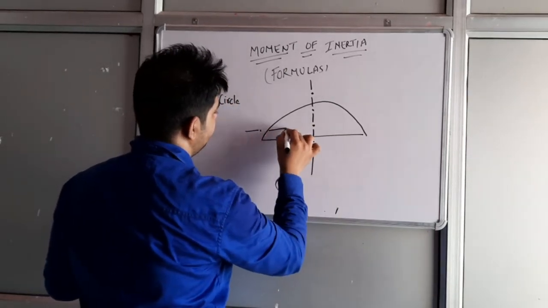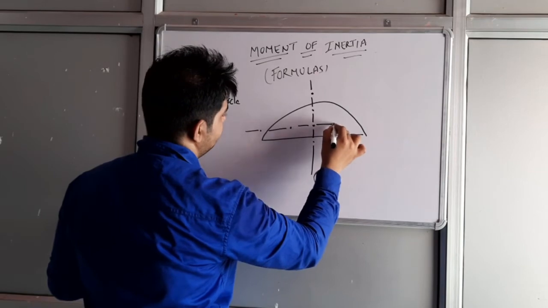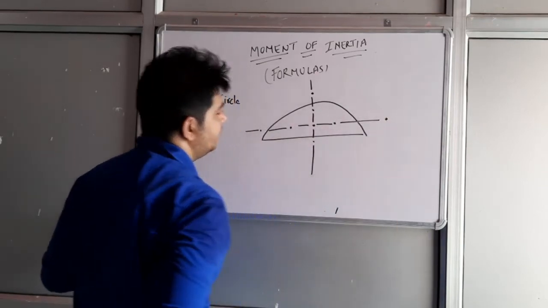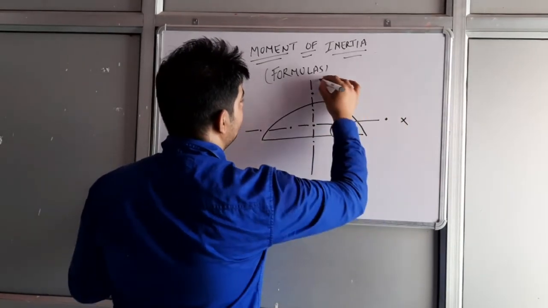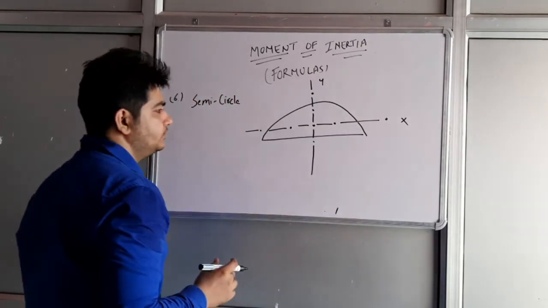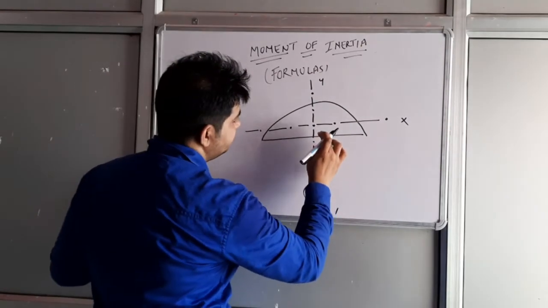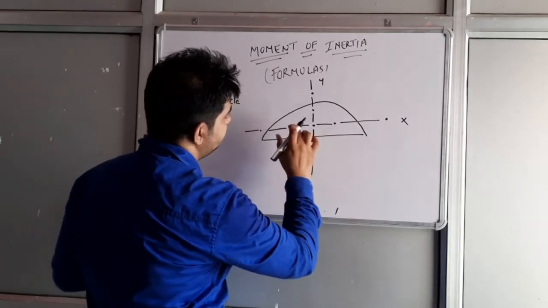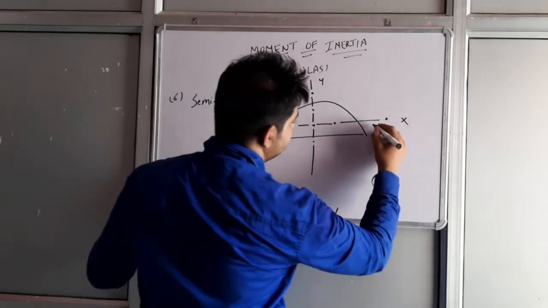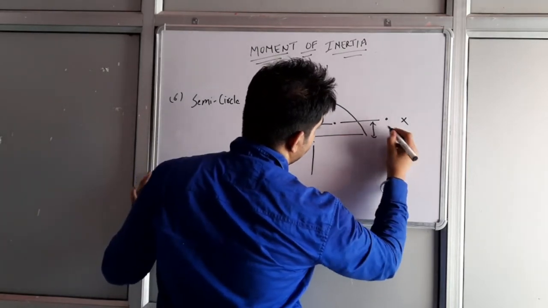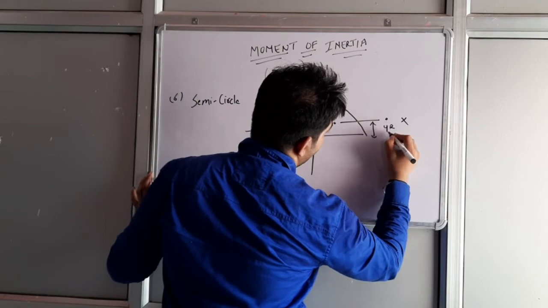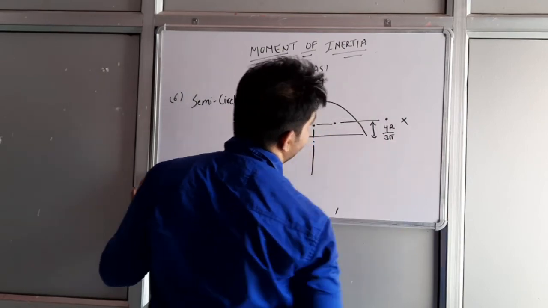Let us draw x-axis. See, the distance between the base of the semicircle and the centroid is 4r upon 3 pi.